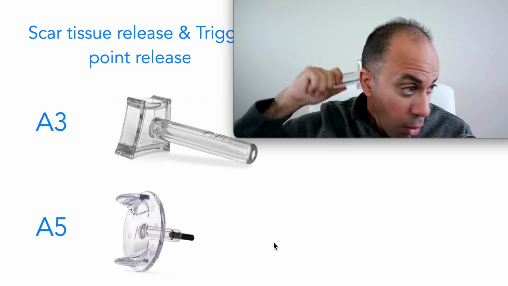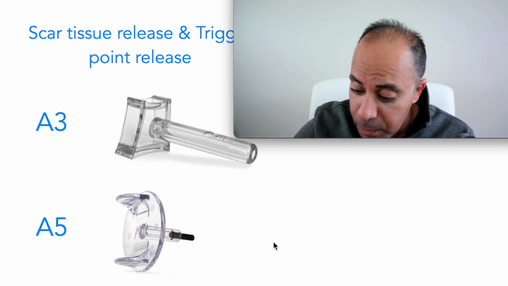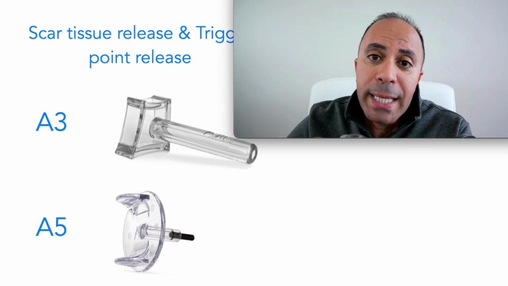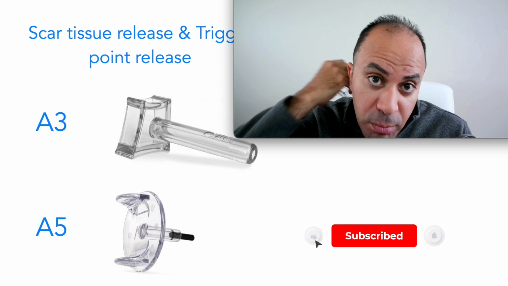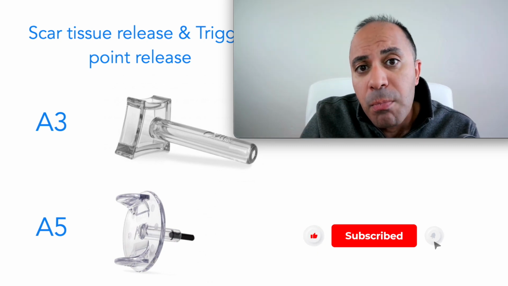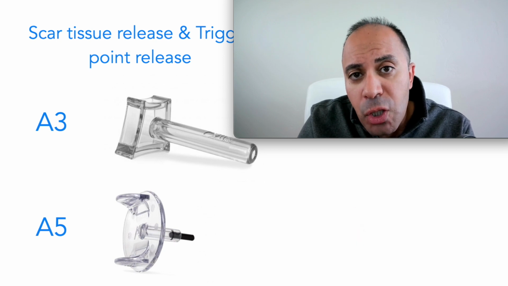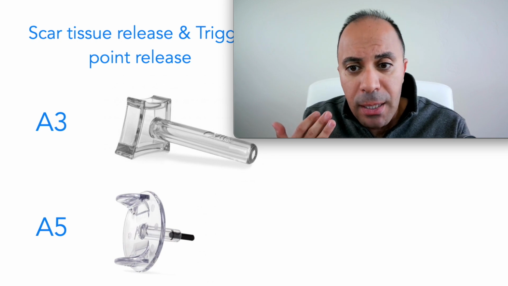So I release all the tightness, all the adhesion externally, and then I use the A5 to break deep scar tissue and deep adhesion to make sure there is nothing pushing the vertebra internally. And when I do that, I have to really work on proper posture and proper body mechanics.